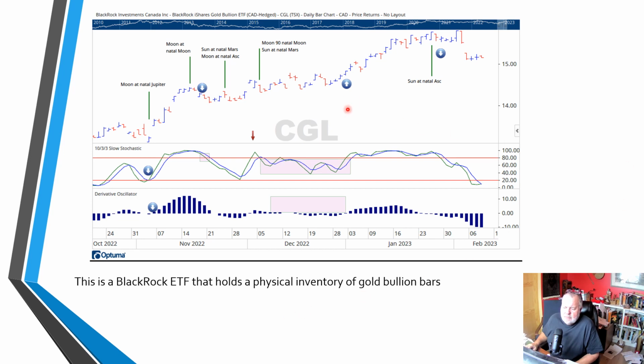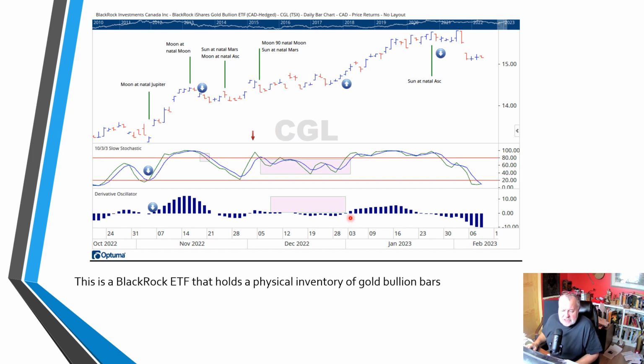So again, I'm looking for the cosmic occurrence. I'm looking for the stochastic to get above the upper boundary line, or at least give me a favorable crossover. And I'm looking then for a favorable histogram bar on the oscillator.